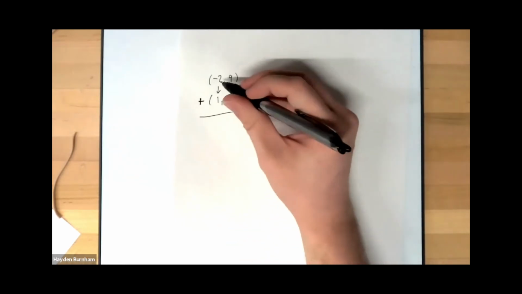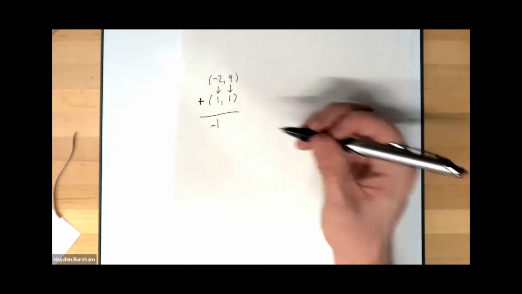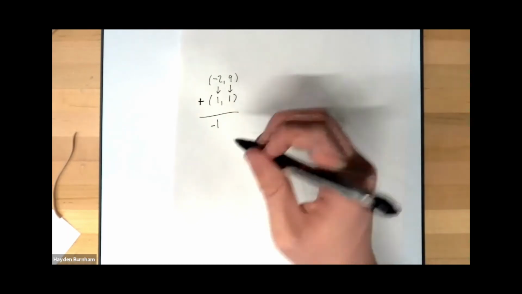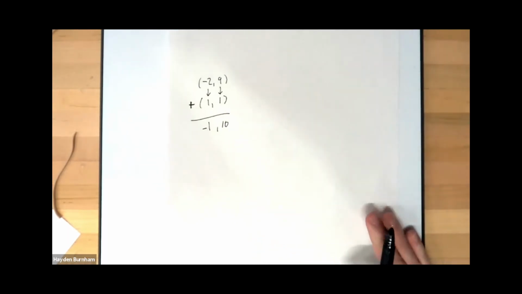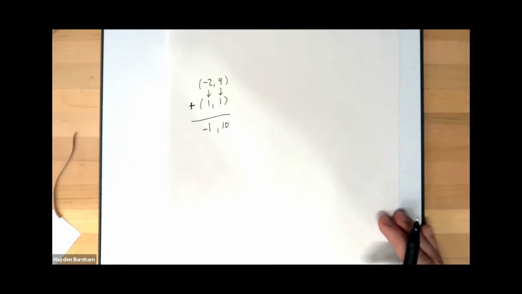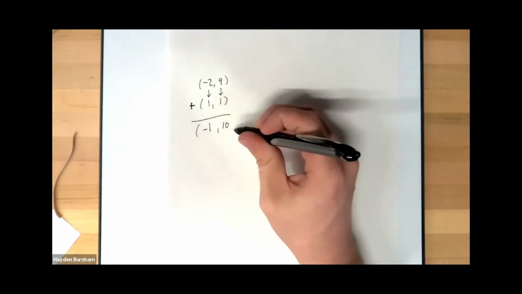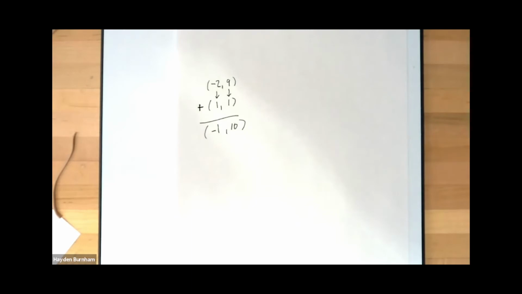So it would be -2 plus 1, which is -1, and then 9 plus 1 is 10. Right. And that would be the new vector. Is that clear? Very.